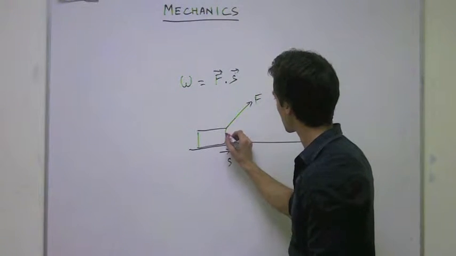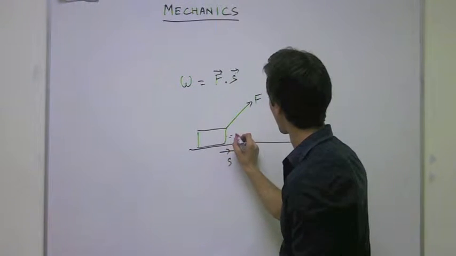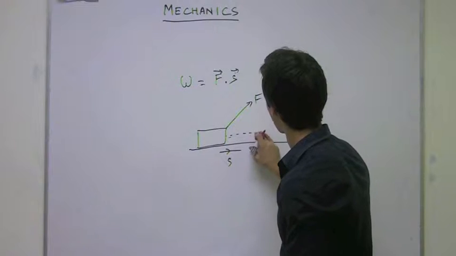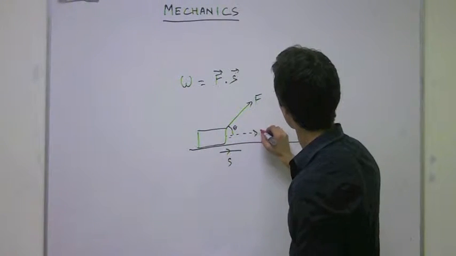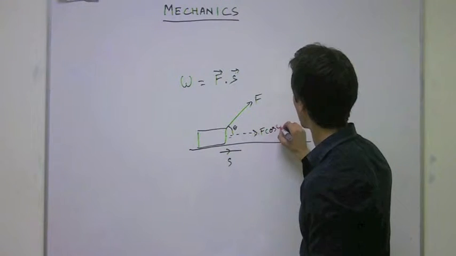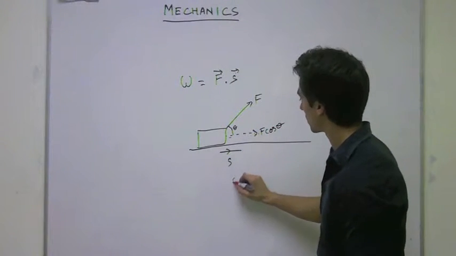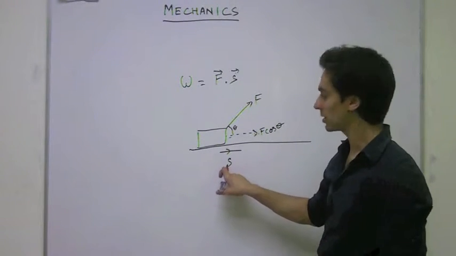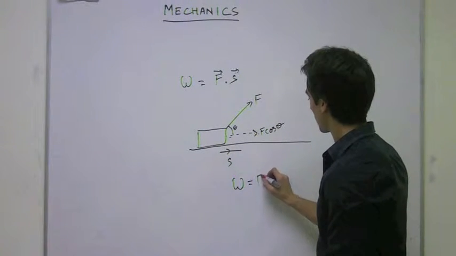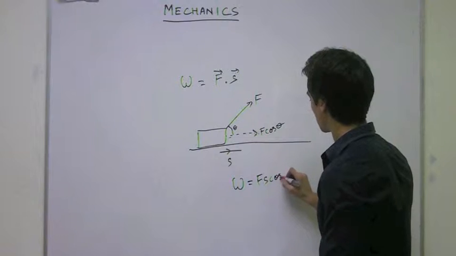So in this case, the component of force in the direction of the displacement would be F cos theta over here. So if S is the displacement, the work done will be Fs cos theta.